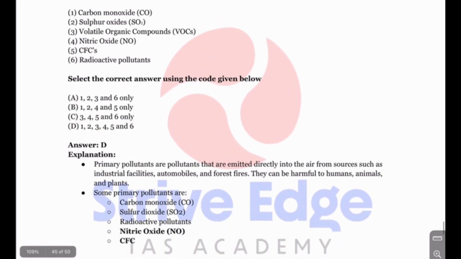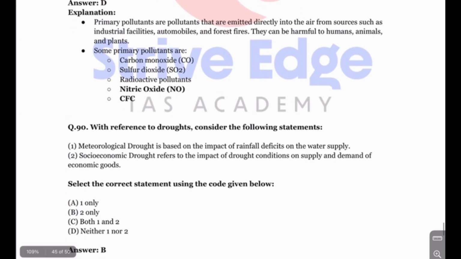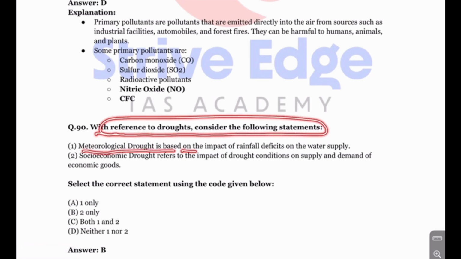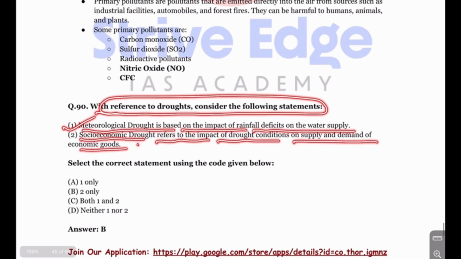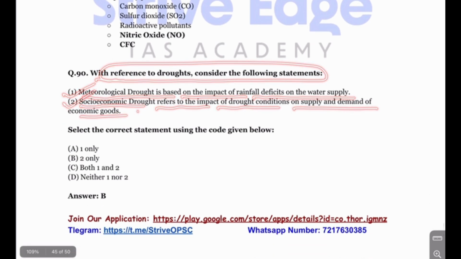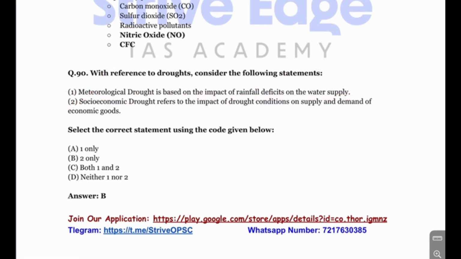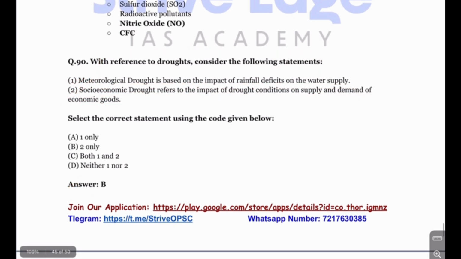Okay, so next is, with reference to drought, consider the following statements. So meteorologically, drought is based on the impact of rainfall deficit on water supply. This is correct. The socio-economic drought refers to the impact of drought conditions on supply and demand of goods. So this is also correct. So answer is... so the meteorological drought is based on the impact of rainfall deficit on the water supply.